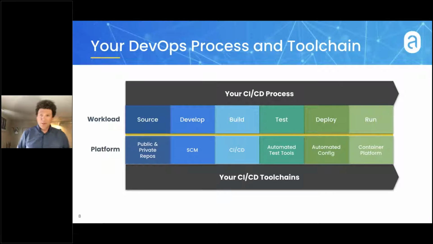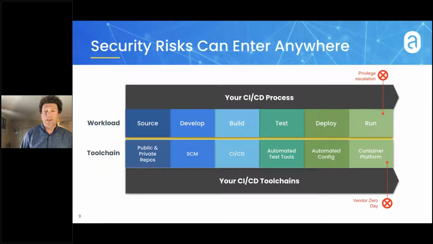Historically, the problem space has been on the right. This is the legacy view of what a hack might look like. Your vendor and your runtime has a 0-day, and a hacker is able to exploit that and escalate privilege, and you've been hacked.